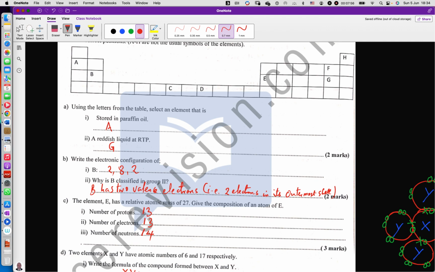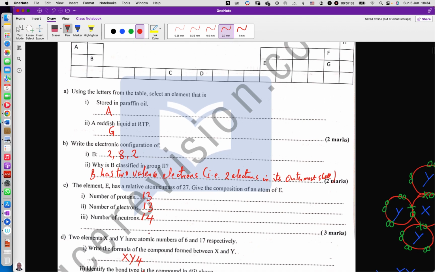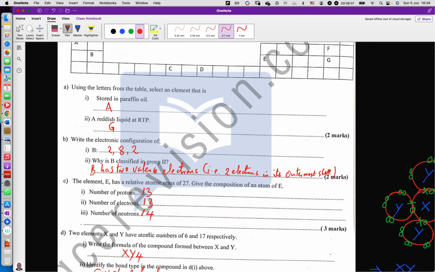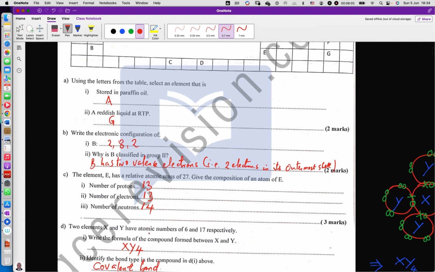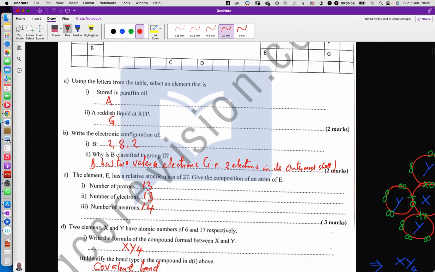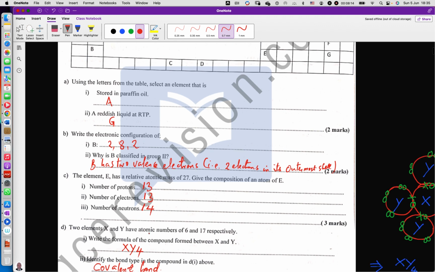Because the number of neutrons plus the number of protons gives us the mass number, 27 minus 13 gives us 14, which is the number of neutrons.